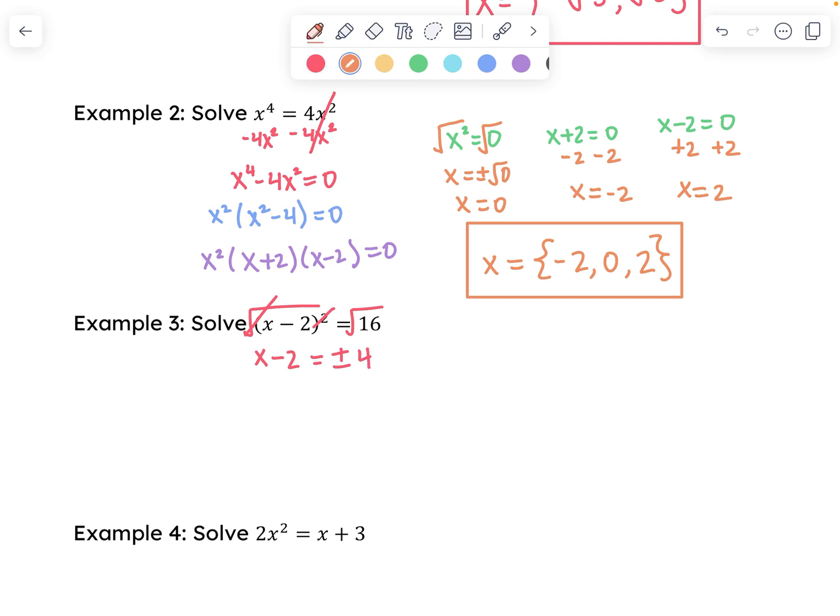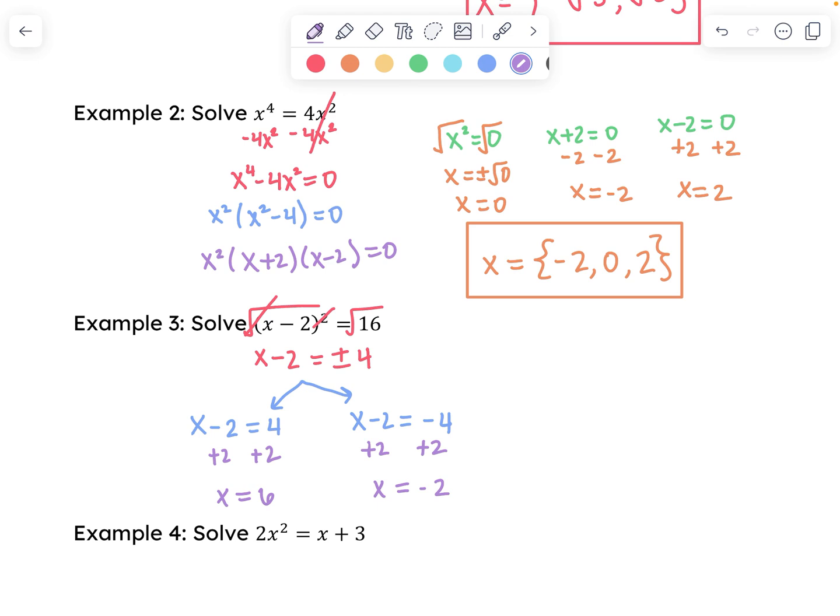For this one, I'm going to have to split it into my two different options. x minus 2 is equal to positive 4, or x minus 2 is equal to negative 4, and solve both of those. I'm going to add 2 to both sides here, and I get x is equal to 6. But when I add 2 to both sides here, I'm going to get x is equal to negative 2.